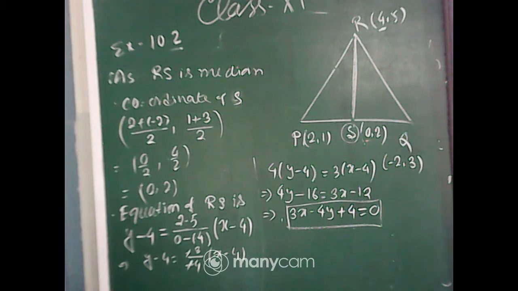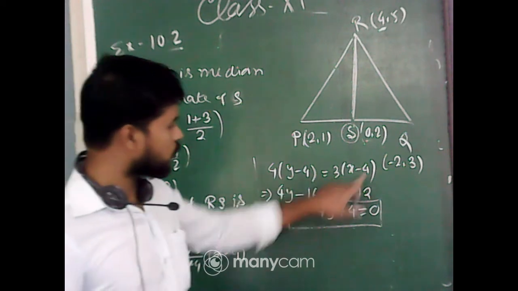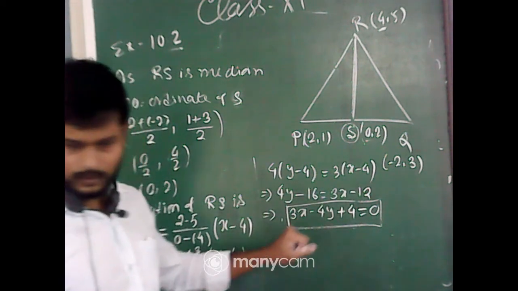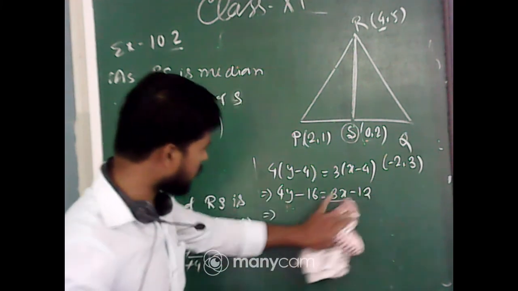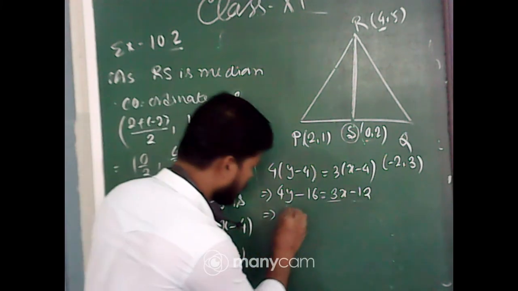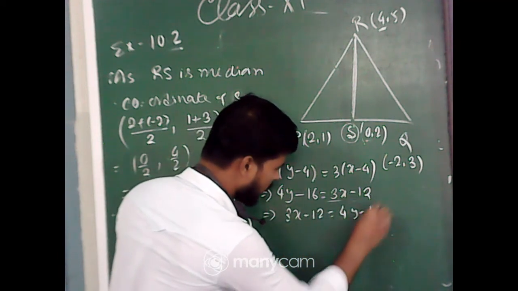3x minus 4y, 8? 16 minus 12, how will it be 8? 4 fours are 16 and 3 fours are 12. So if I write the equation like that, 3x minus 12 is equal to 4y minus 16.